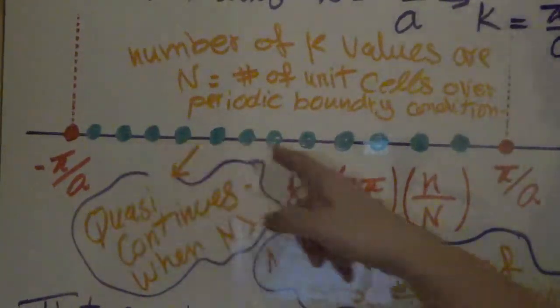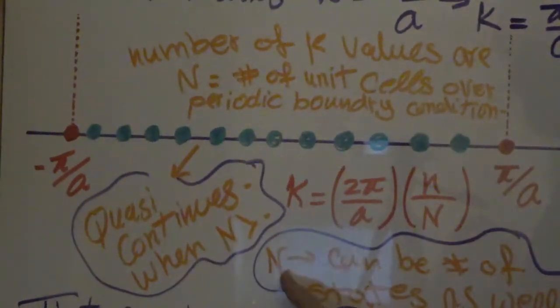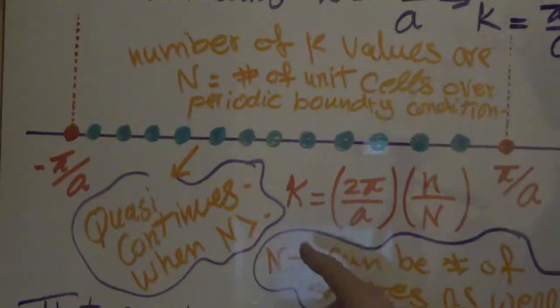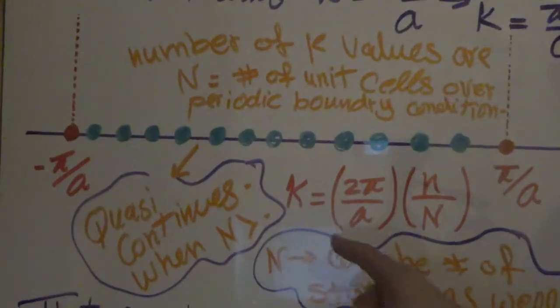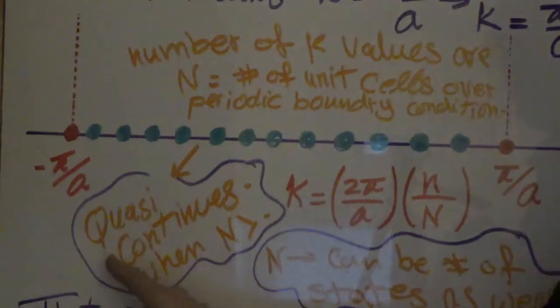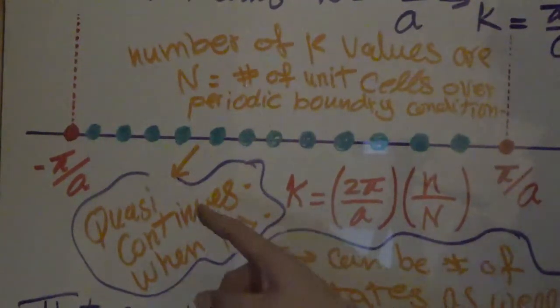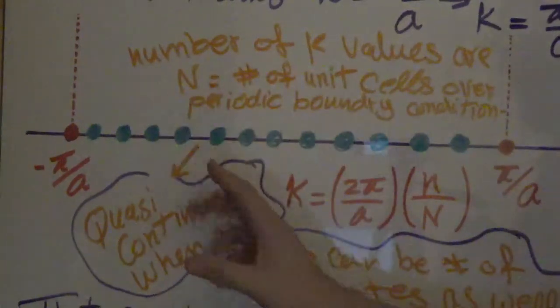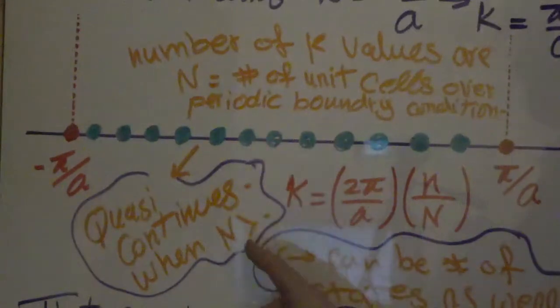When N, which is this number right here, is very, very large, this system can be called a quasi-continuous system.